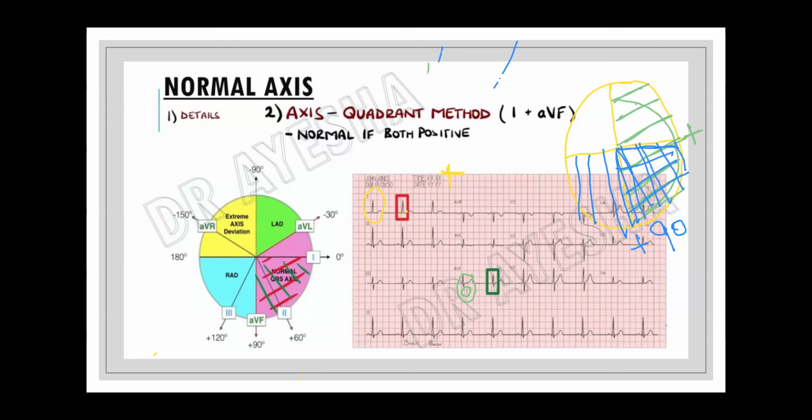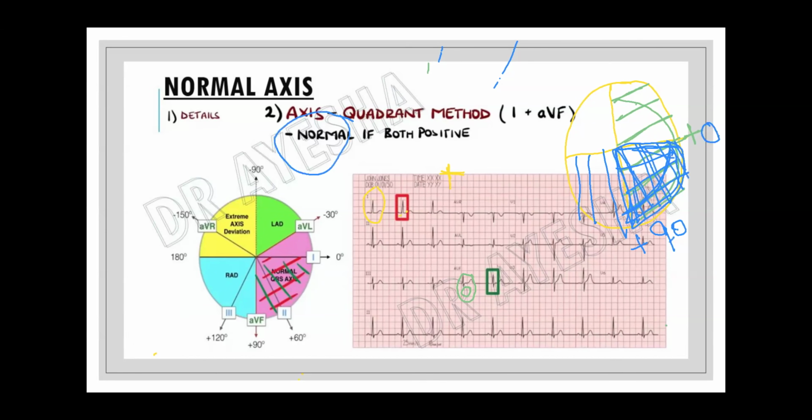Both are merging here, you can say. So the direction is decided that it is in this quadrant, and we know that this is positive, this is 90. So current is somewhere in 0 to 90 because both are coinciding in this region. So 0 to 90 is your normal axis.